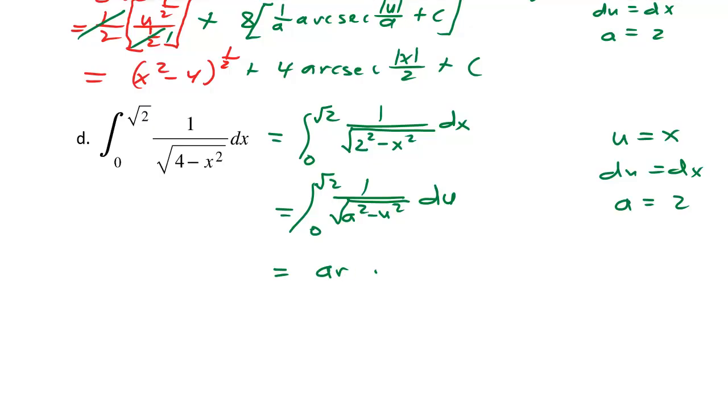Let's try that again. Arcsine of u over a from 0 to root 2. And now I'm just going to fill in what the u and the a are.